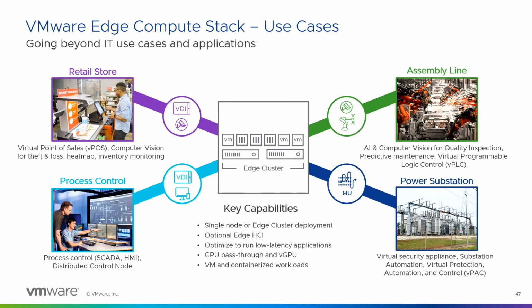It's a very verticalized solution, meaning the Edge Compute Stack is there to support these different application use cases. For retail, it's really more around fraud detection and around AI and inferencing. And then for verticals like manufacturing, it's really about supporting what we call real-time applications.